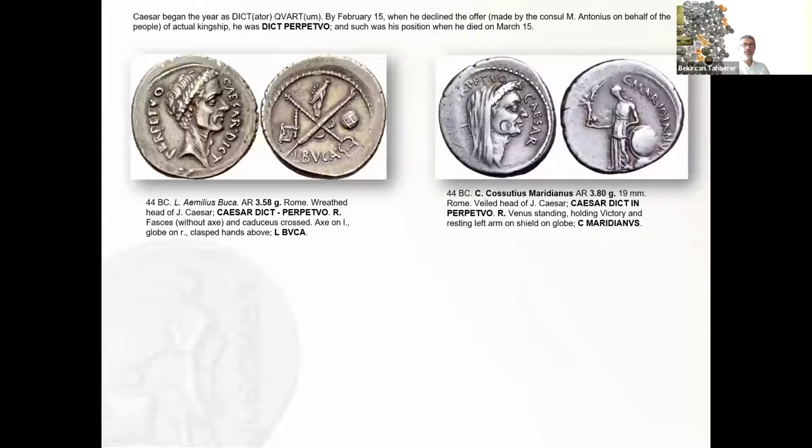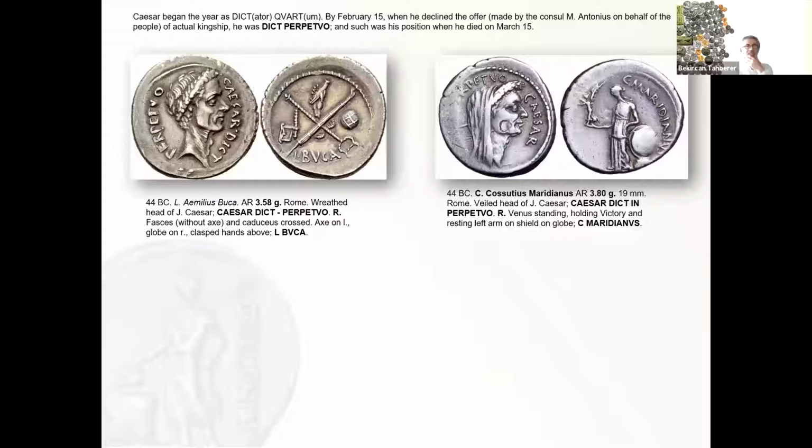So he started the year as Dictator Quarto, and by February 15, he declined the offer to become king. And who else but Marcus Antonius would offer something like that? And I'm sure they simply discussed this previously between themselves, and he, Julius Caesar, being the greatest supporter of the Republic, would reject, of course, being a king.